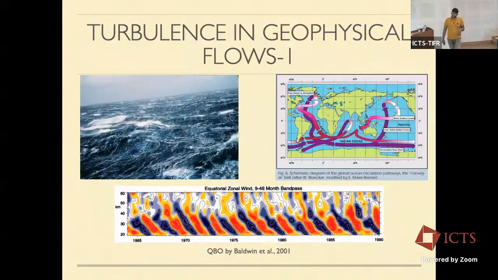And in the geophysical context, they are present in literally every system that you look at, just because of the length scales which are involved in the system. Here I show water waves, so gravity waves and capillary waves at the surface of the ocean, and the interactions which lead to strong turbulence.